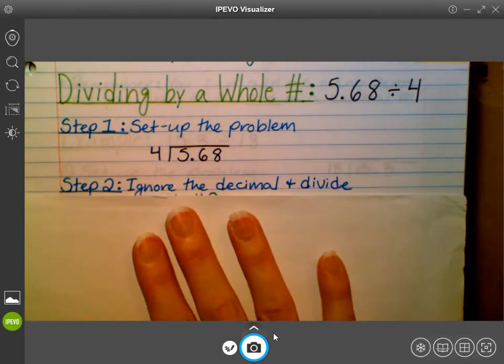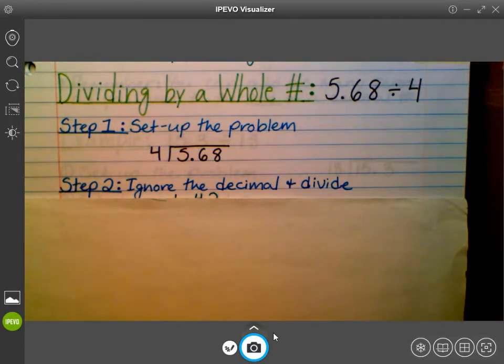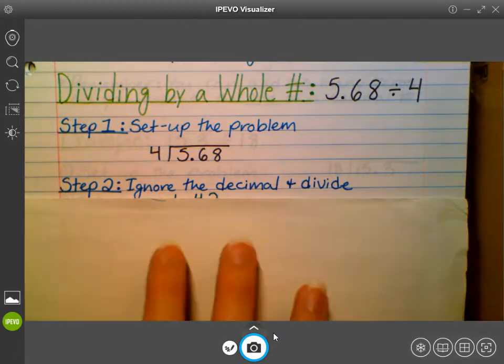Okay, so then step 2, ignore the decimal and divide. Ignore the decimal and divide. Once you write down step 2, go ahead and rewrite the problem and solve it.